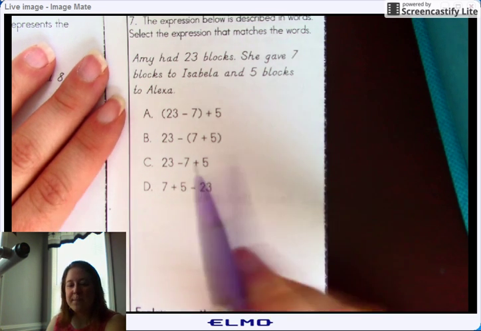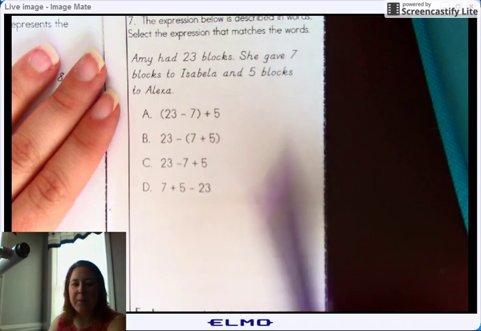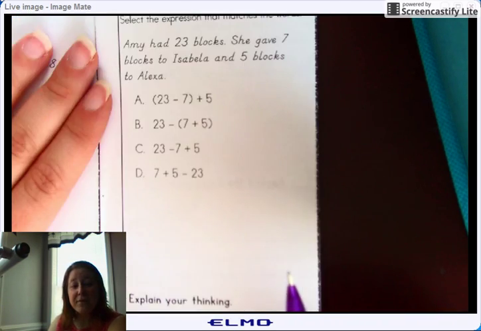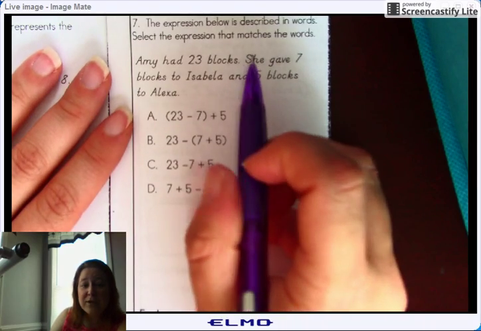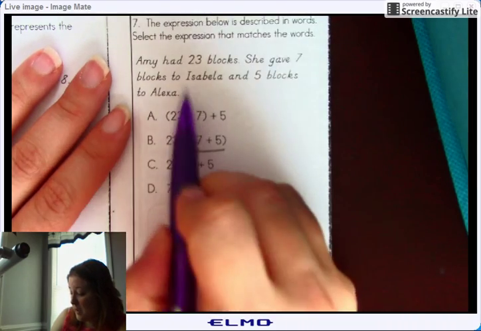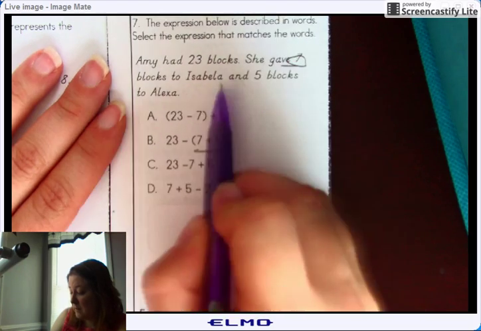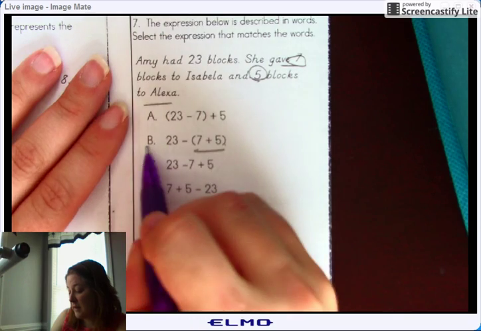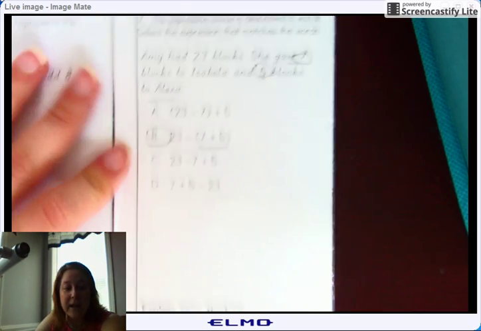So it's not just subtract, subtract. Think about how you would go about solving this problem. What you should have chosen is you should have added how much she gave away, 7 plus 5. Because she gave 7 away to Isabella and 5 to Alexa. And so you add those two together and then you subtract, because that's how many she had.